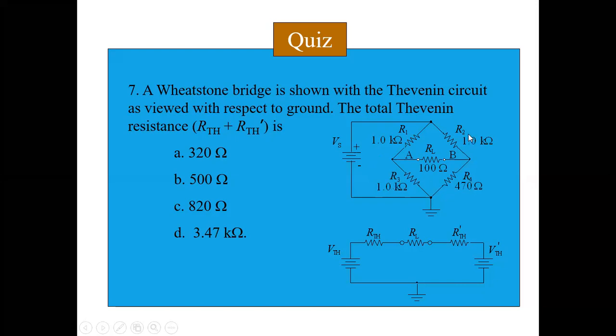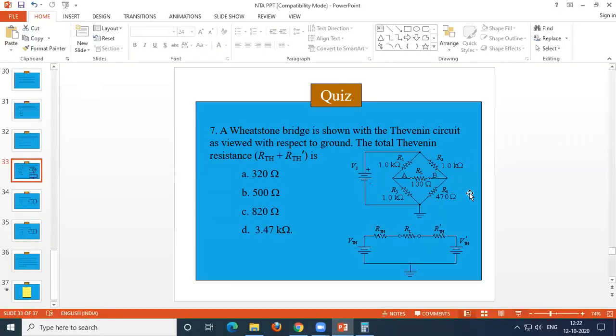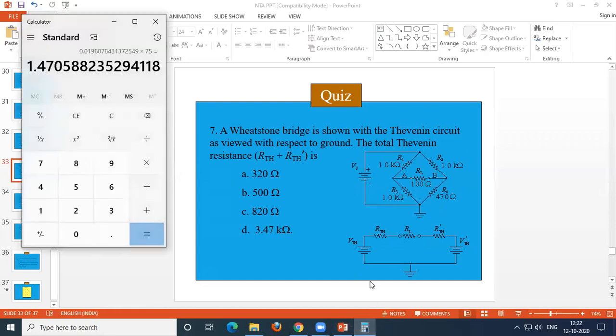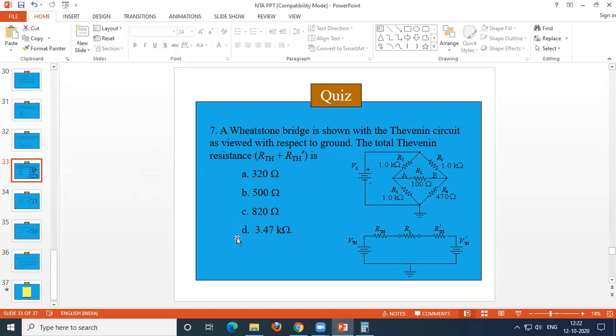And the next one, 1k is in parallel with 470. For that purpose we use the calculator. 1k means 1000 multiplied by 470, R1 into R2 divided by 1470, which gives 319. Adding 500 gives 819.72, so the value is C, that is 820.